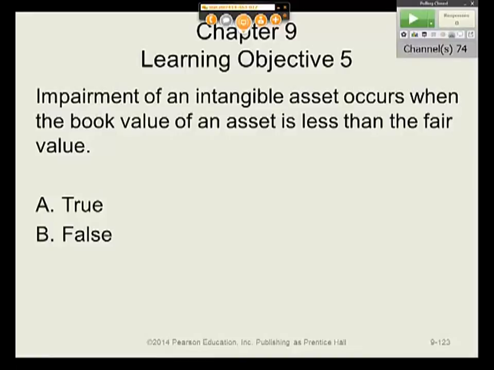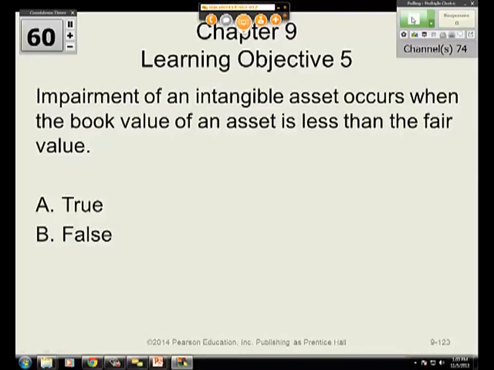Okay, so again, I want to know if an impairment of an intangible asset occurs when the book value of the asset is less than its fair value. After we do this question, we'll start reviewing a little bit on the intangibles, and then we'll move ahead.